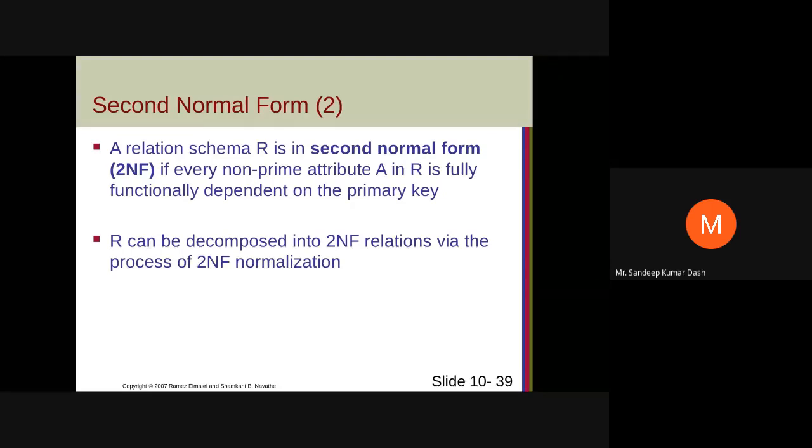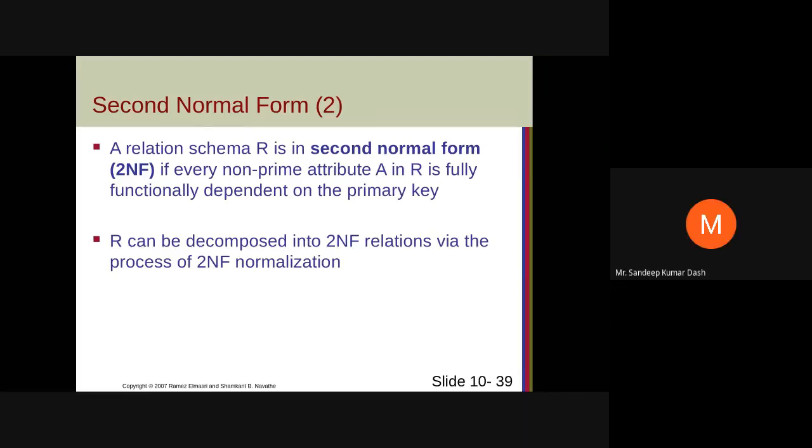Full functional dependency means what was that? Anyone remembers full functional dependency? If an attribute has a functional dependency on another, and that is an attribute set, then no attribute from that set can be removed.